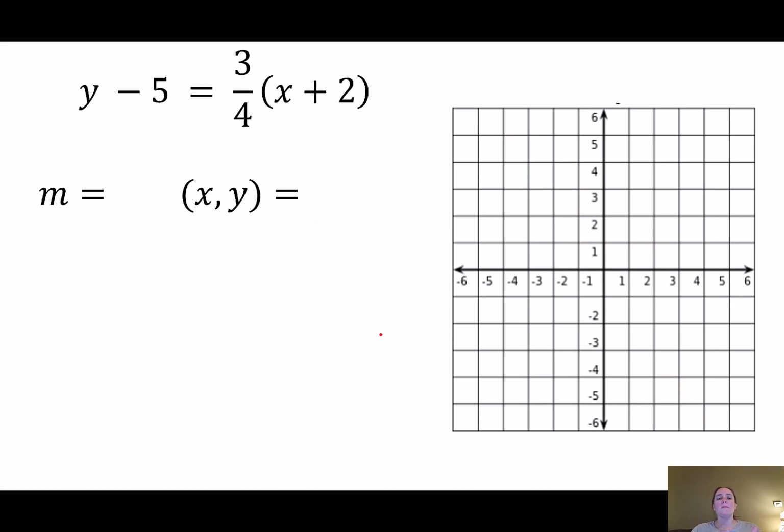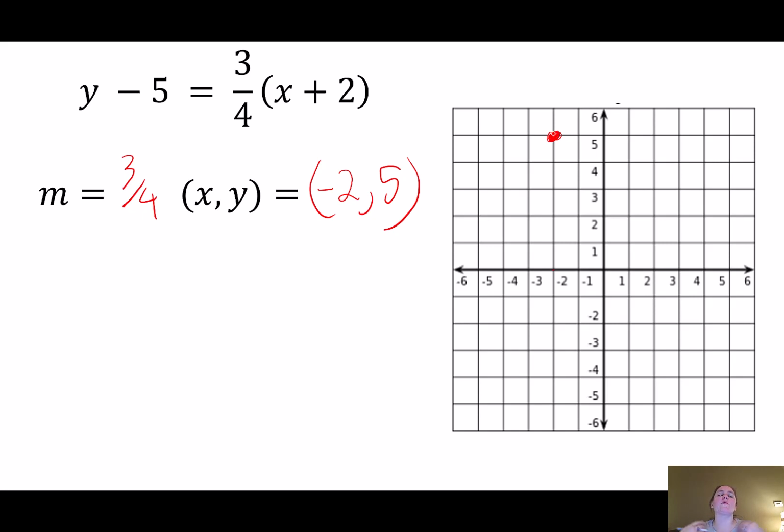Just trying another one. First thing I pick out, my slope, which is 3/4. And then we're going to pick out the point. So the opposite of the +2 is a -2. Opposite of -5 is a +5. And so that's the first point I'm going to plot here. So I go -2 and then up to 5, and that's my first point.